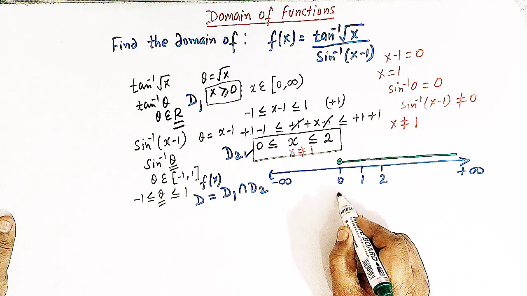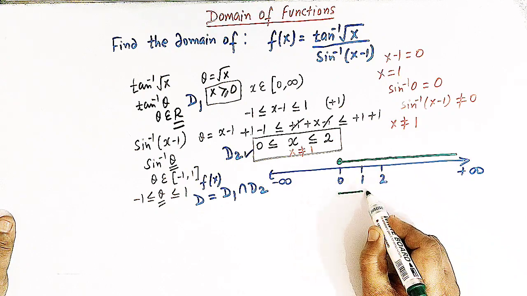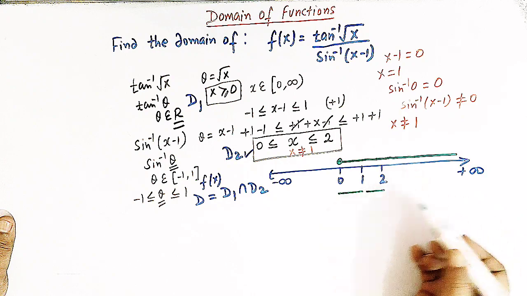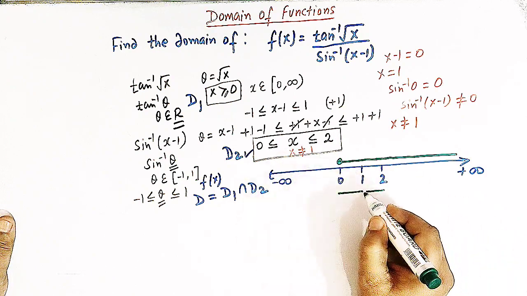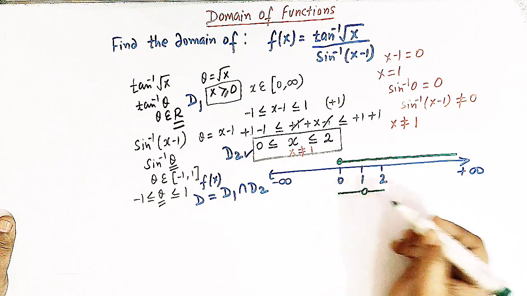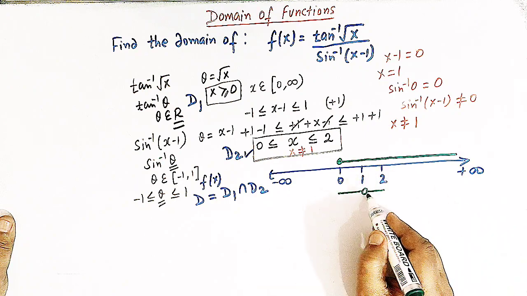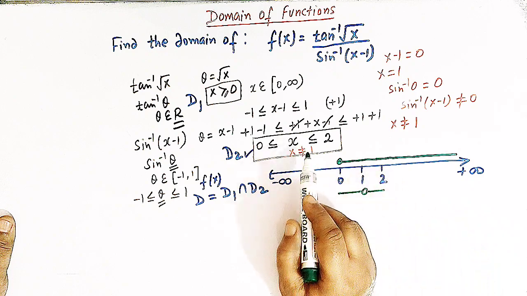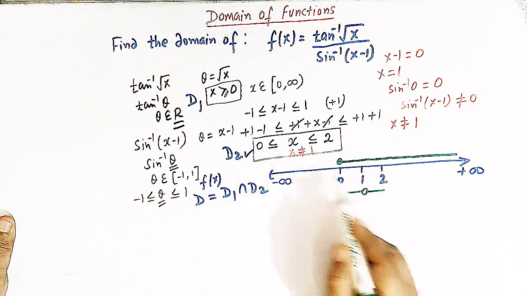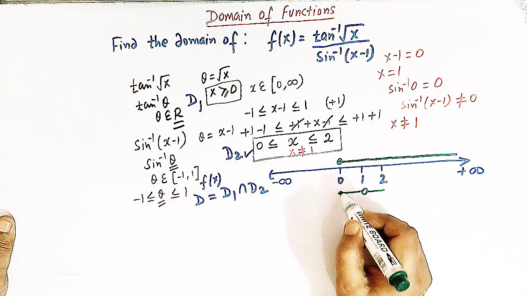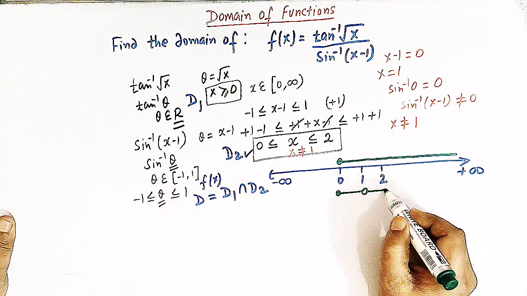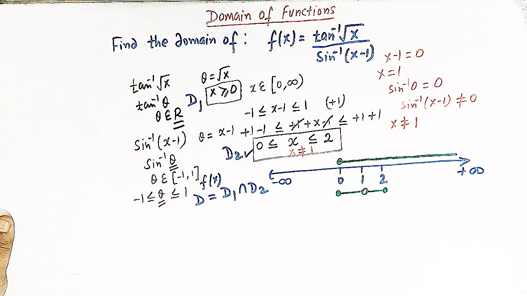So we have from 0 to 2, and here we have 1. And 1 is not included, so we'll make a circle here. This circle indicates that x equal to 1 is not included, and both 0 and 2 are included.